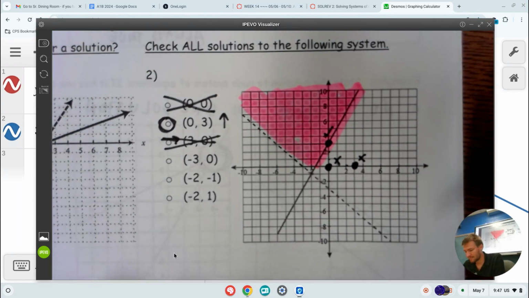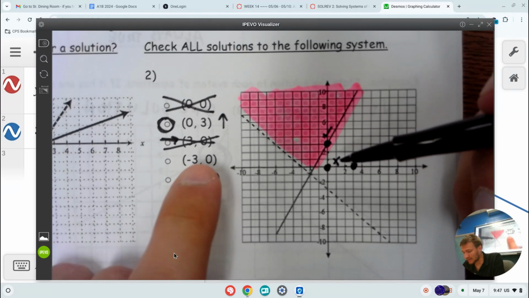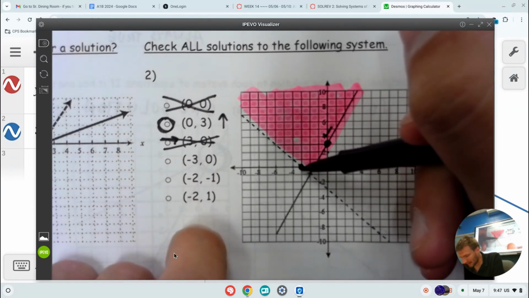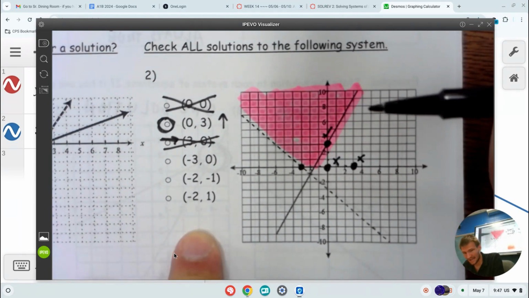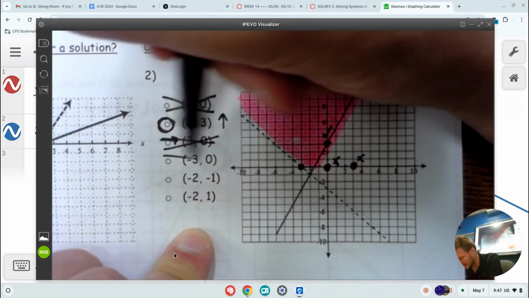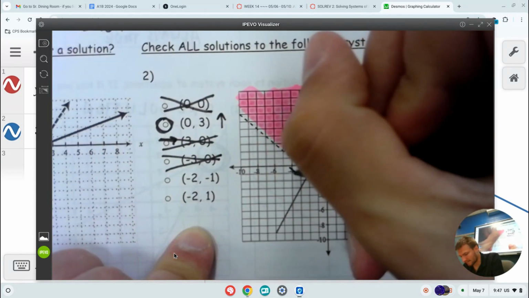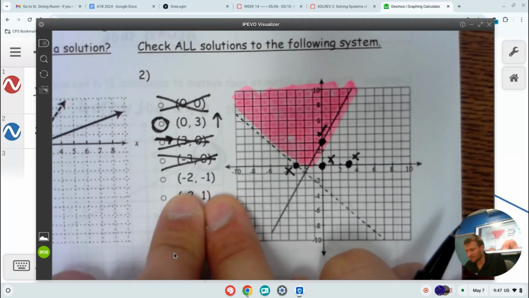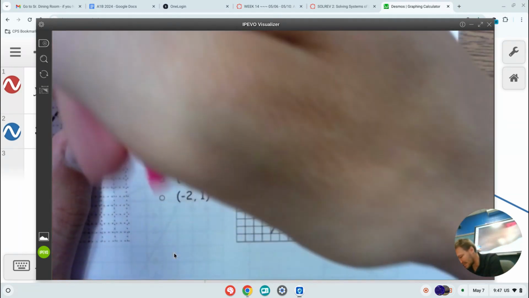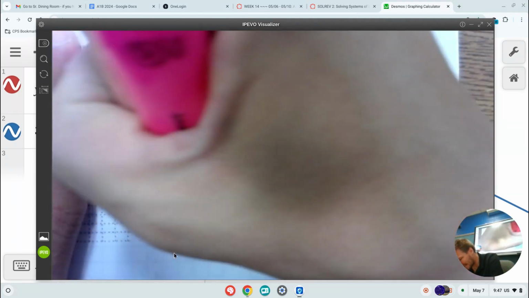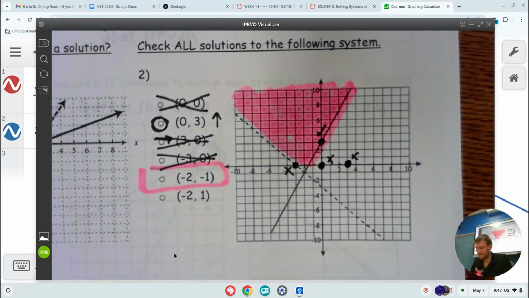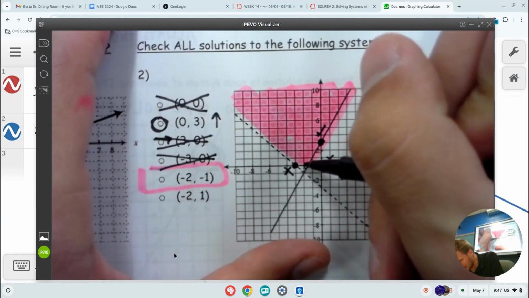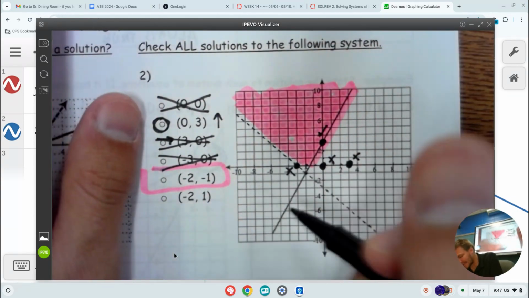Solid lines are good. (-3, 0) means go left 3. That puts me right here onto the dashed line. And what do we think about dashed lines? Dashed line bad. We do not like dashed lines. No good. We've got (-2, -1). And for me, this is the one that you really want to kind of learn. (-2, -1), left, left, down, looks like this.